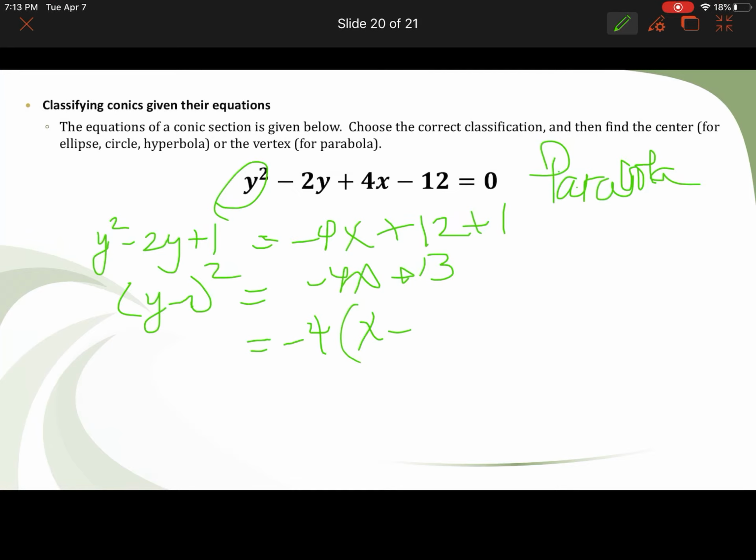I'm factoring out negative 4, so this is going to be negative 13/4. By the way, when you factor something out and it doesn't go in nice, you can just do that division. That'll tell you what it is, right? 13 divided by 4. So when you multiply it back in, the 4's will cancel. You get the 13, right? Okay, so my vertex is 13/4 and 1.